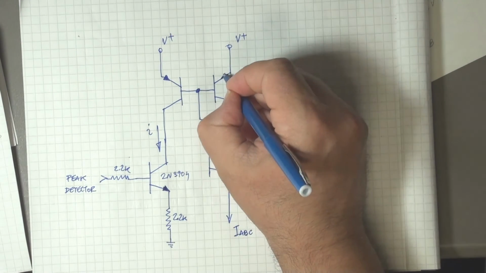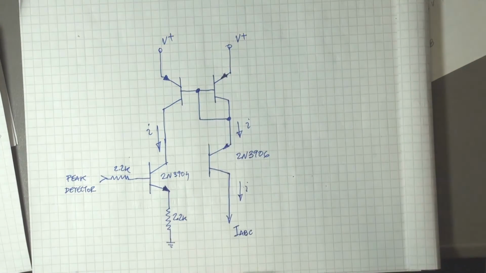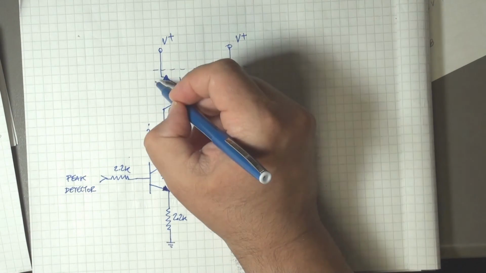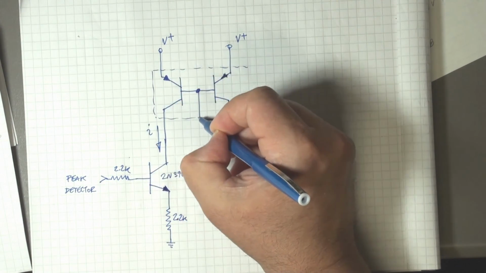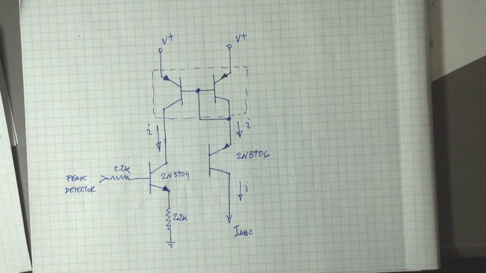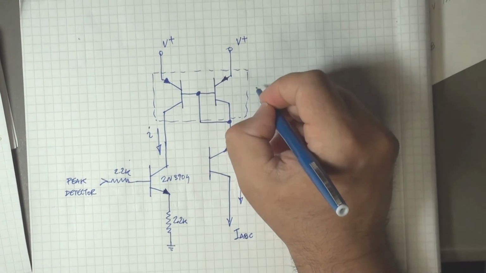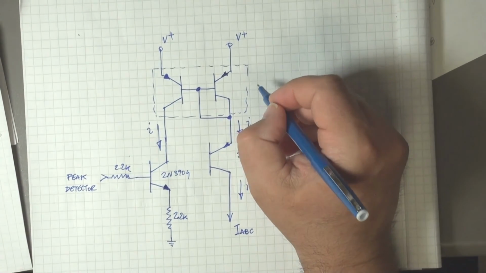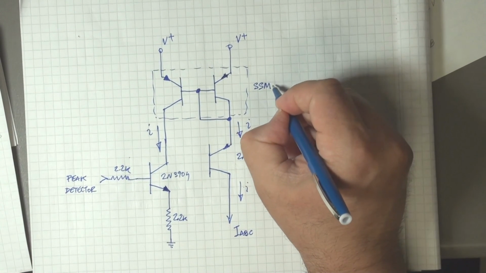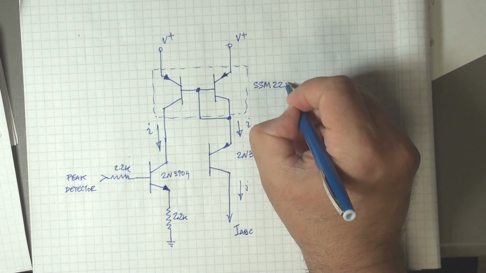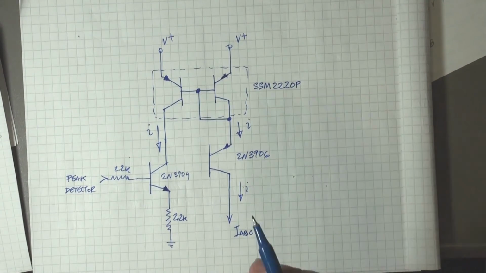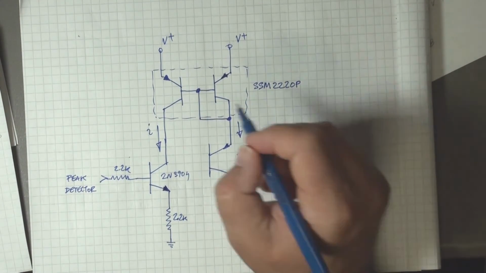So these two PNPs, sorry, are a dual matched pair that come on a single chip. Just draw a little dotted rectangle around them, and they are SSM2220P dual matched PNPs.